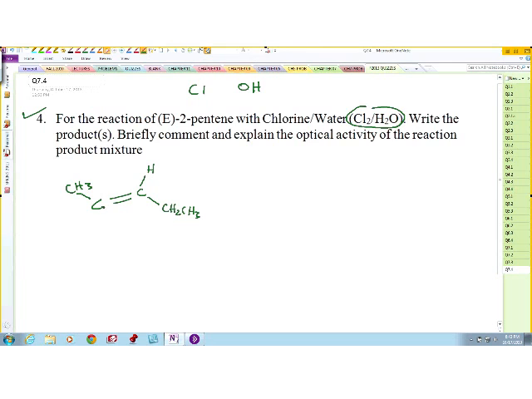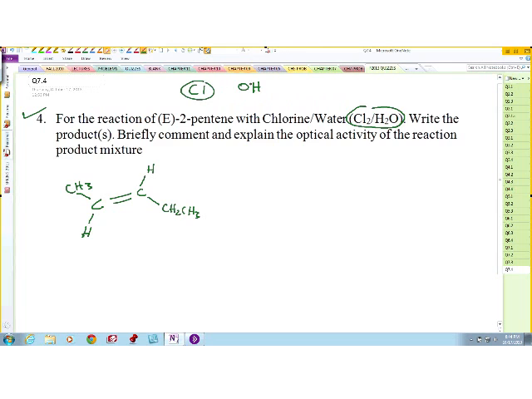Now, the way you approach this, since I've not given you the mechanism for this type of reaction, this is what to do. Of course, you write out the structure of the alkene. In this case, E2-pentene. This is the E stereoisomer.